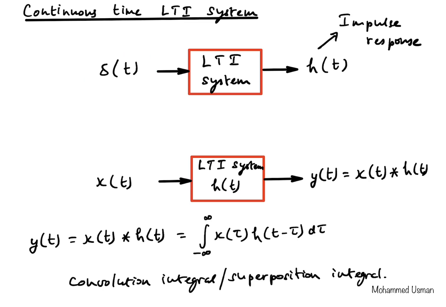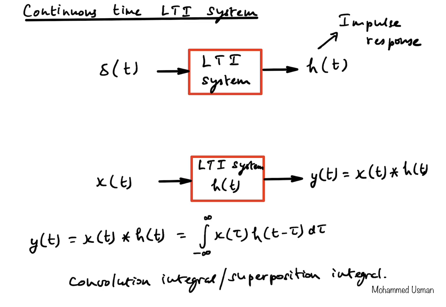So for an LTI system, if we know h of t, which is the response to a unit impulse, then the response to a shifted and scaled unit impulse would be a shifted and scaled version of h of t. So that brings us to this convolution sum, as we discussed in detail in the previous lecture for the discrete time case. Okay, the similar concepts apply to the continuous time case as well.